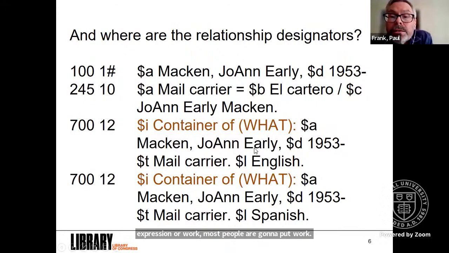And that's because it doesn't have the English. And then they would say, well, the one with Spanish, that should be container of expression, because we were taught that translations are expressions, right? So it would have container of expression and container of work. Well, the container of expression would be right, but container of work is not right at all.